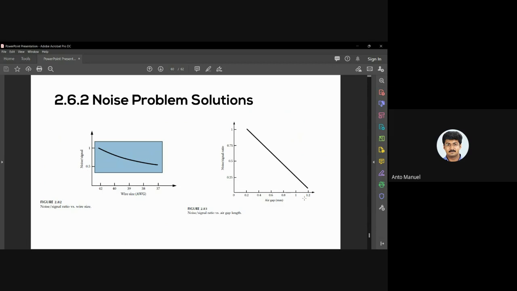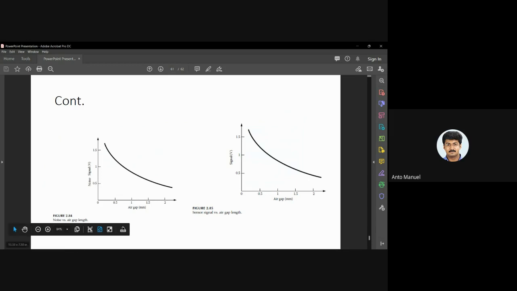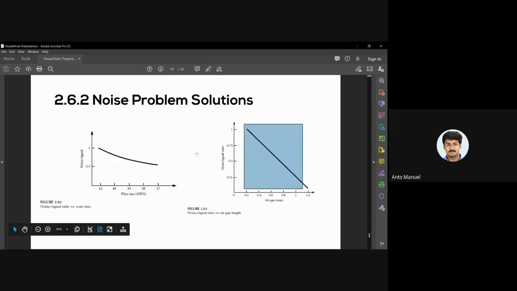And if you increase the air gap, the noise as well as the noise to signal ratio reduces automatically, as the diagram reflects. With a higher air gap the noise signal reduces, so the noise to signal ratio reduces as you increase the air gap.